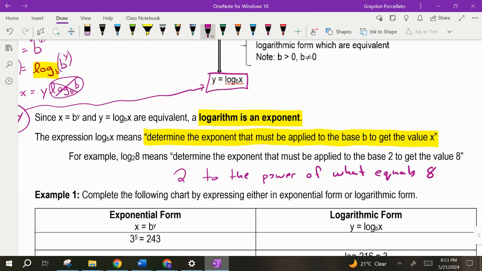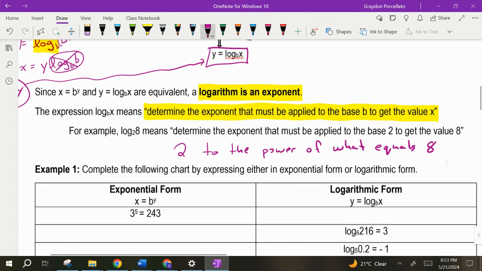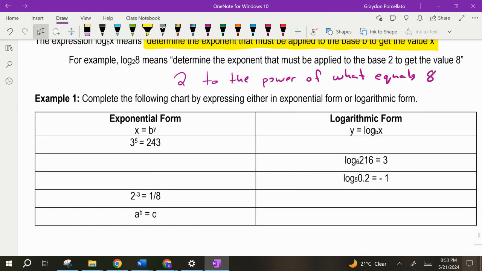So let's continue. What we're going to do now is complete the following table by expressing in either exponential or logarithmic form. Now remember, these things mean the same thing. The first one says that 3 to the power of 5 is equal to 243.